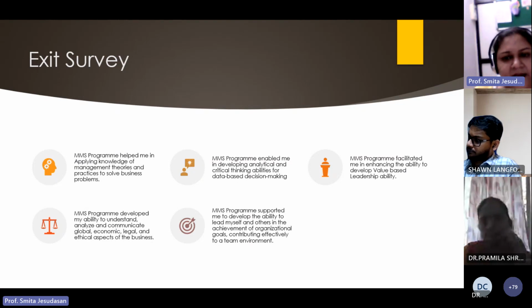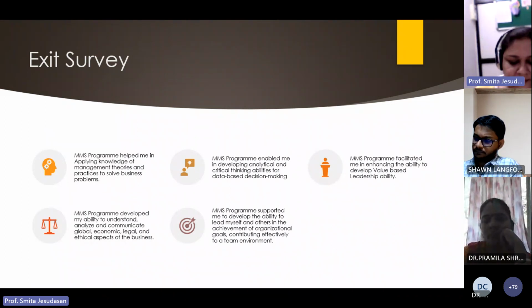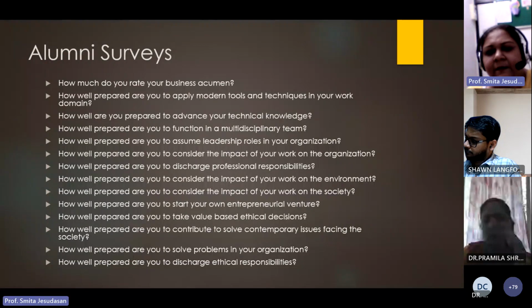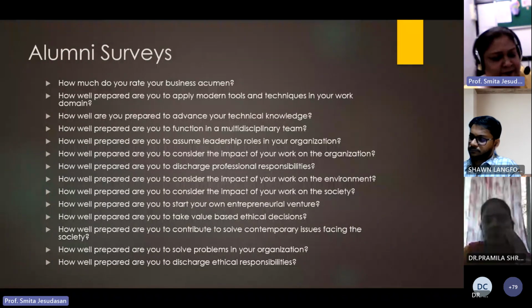So here, exit survey questions are formed in accordance with the program outcomes. And this has to be done at the end of the 4 semesters. Either you take a 3-point rating scale or a 5-point rating scale. Choice is yours.